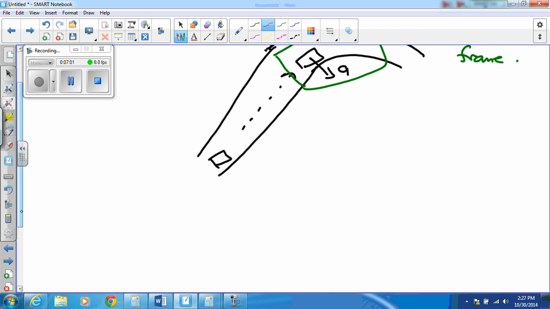Okay. Now, I want to observe something about the force that we feel. And I'm going to observe it like this.